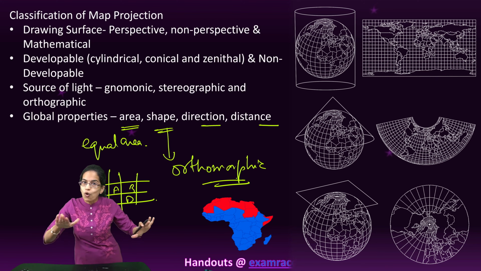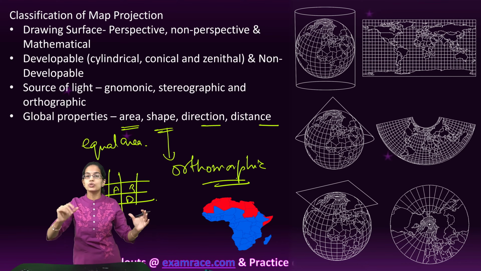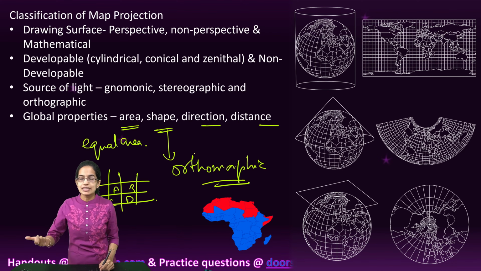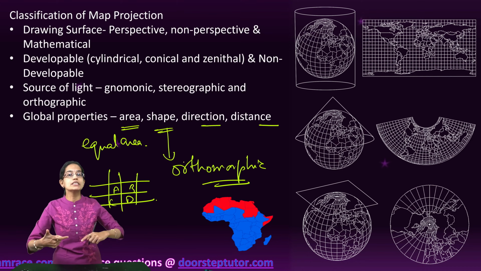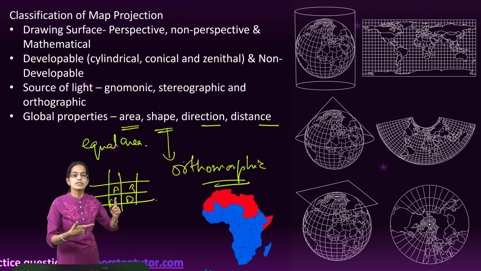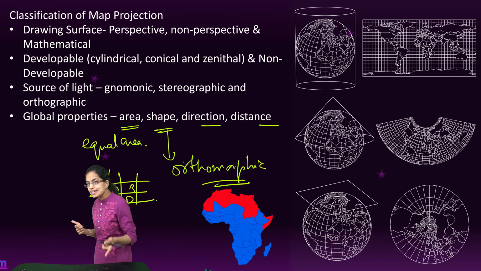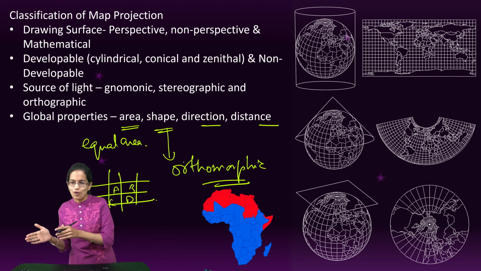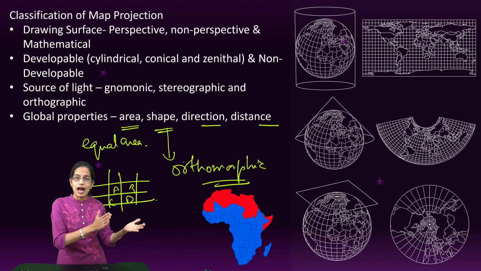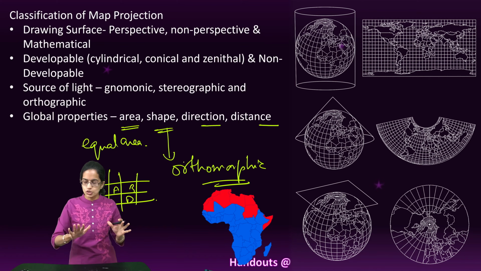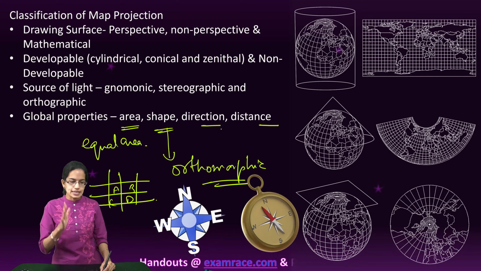To avoid all those kinds of changes and fluctuations in the originality, we say it must be true to its shape. True shape is also known as orthomorphic projection. We'll see in a while which of the projections are orthomorphic, which of the projections you have conservation of area and so on. The next is direction.